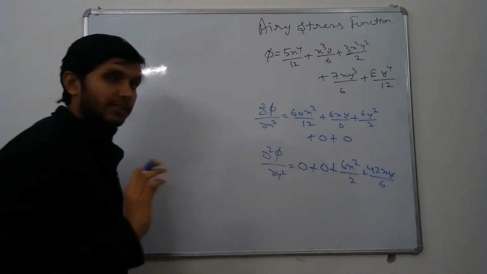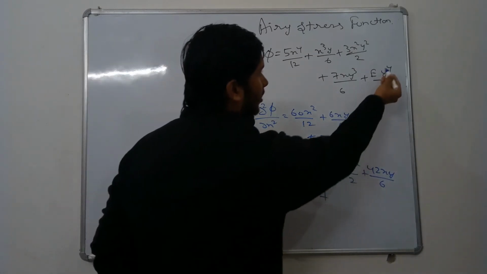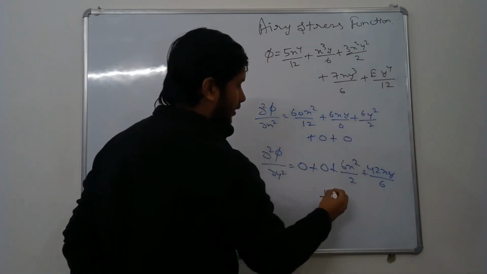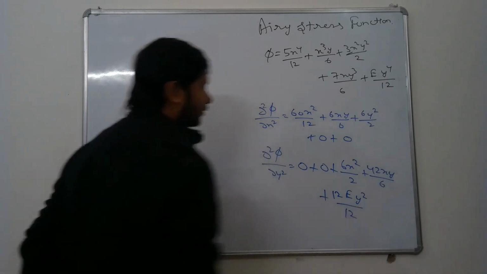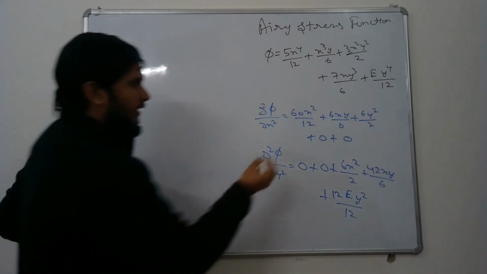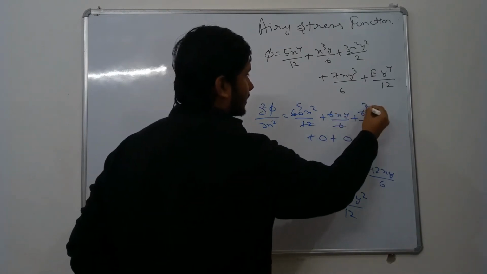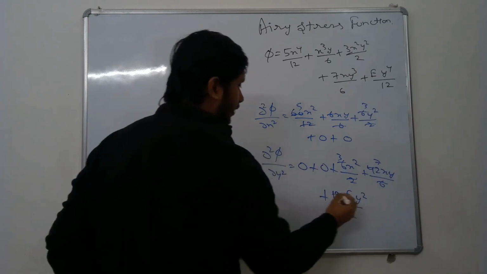I am doing it very fast because in the GATE you have to do it fast. Here again 4, first time differentiation, second time it will be y cube, so 4 3s are 12, 12 e y square by 12. Okay, so easily I can solve. 12 5s are 60, 6 cancel, 2 3s are 6, 2 3s are 6, 6 7s are 42, 12 and 12 cancel.